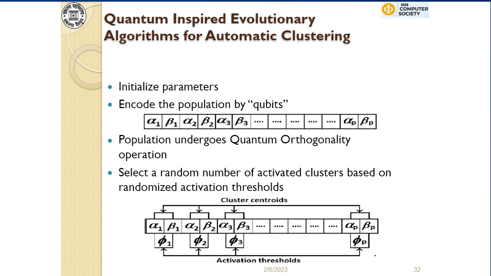And then you come to this part, which is actually going to help you for the automatic part. So what was the problem? The problem was that for clustering you need to provide some user-defined target number of classes. But in this case, you start with any value n, maybe a very high value, say 20 or 30, because we do not know what the exact number of clusters within a particular data set is going to be.